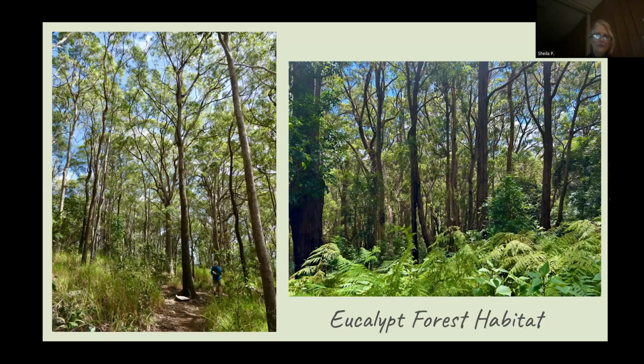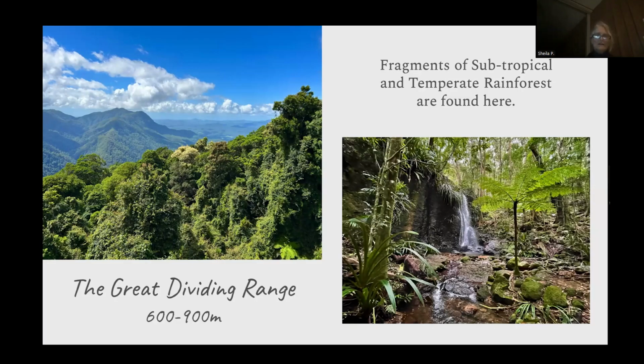Moving even further in elevation, further away from the coast, we've reached a mountain range called the Great Dividing Range, and it has much more rainfall and high enough temperatures to be able to support fragments of both subtropical and temperate rainforest. And the first 3 plant families that we're going to talk about tonight, we have species from those families that evolved and still grow in the rainforests of the Great Dividing Range.